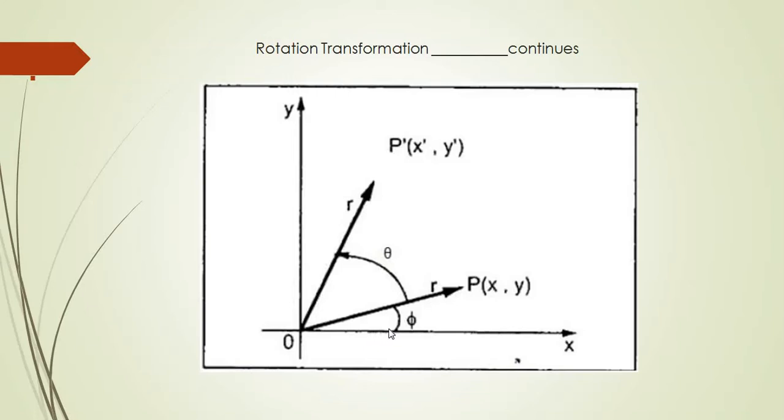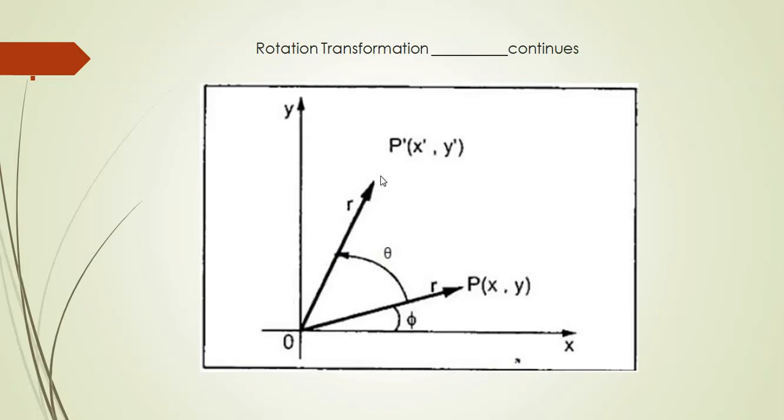We calculate x dash and y dash, so we take cos of phi plus theta, because starting from the x axis we rotate by phi plus theta angle.